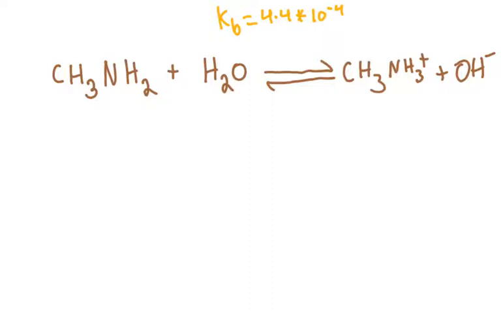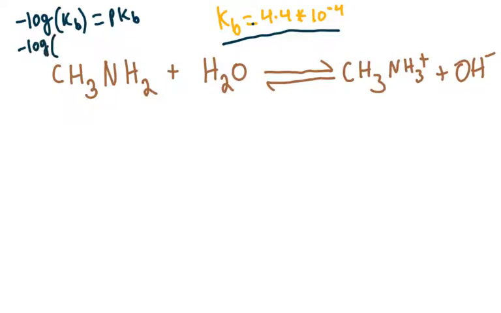Well, to find the pKb, we have to know the Kb. And if we know the Kb, we can do the negative log of the Kb equals the pKb. It's awesome because we have our Kb here, so we just do the negative log of our Kb.